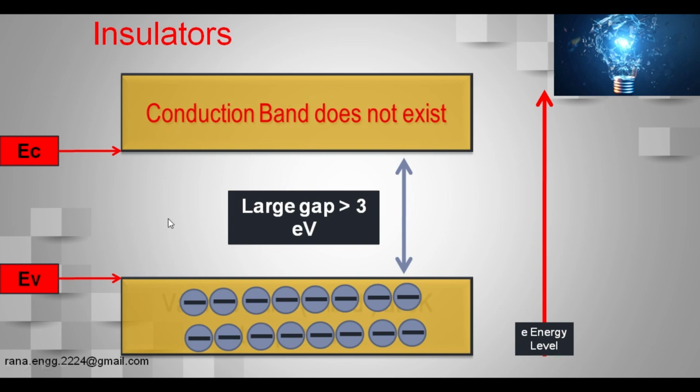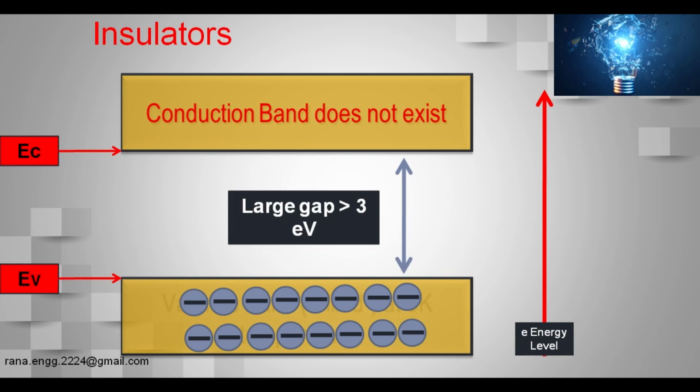This gap is not any actual gap; this is a virtual gap we use to represent the energy band diagram. This diagram is called the energy band diagram. We are representing energies of all different atoms in one particular band. So, if I have an insulator, the electrons are not able to jump for the conduction. So, I say that there is a very large gap for conduction.